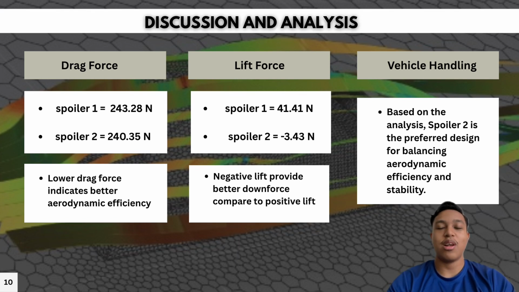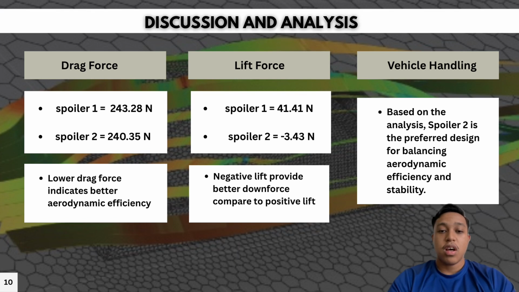Okay, moving on to lift force, still in the discussion part. So spoiler 1 is 41.42 Newton, spoiler 2 is negative 3.43 Newton. So from lift force, we can tell negative lift gives better downforce.